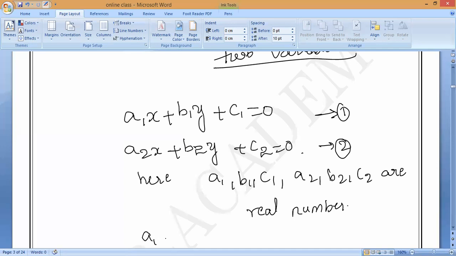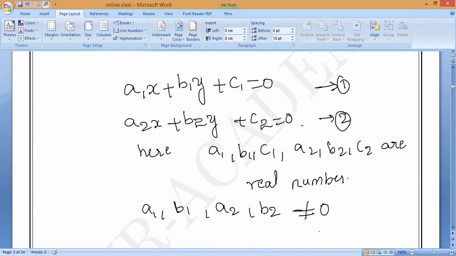Next, a1, b1, a2, b2 should not be equal to 0. Here the condition is on the coefficients of x and y.